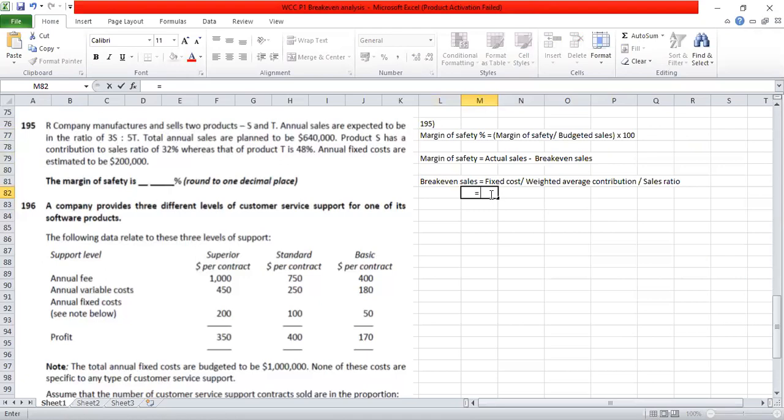The fixed costs are given as 200,000, divided by this in the denominator. The proportions are in the ratio of 3:5. S gives a contribution by sales ratio of 32%, T is 48%.